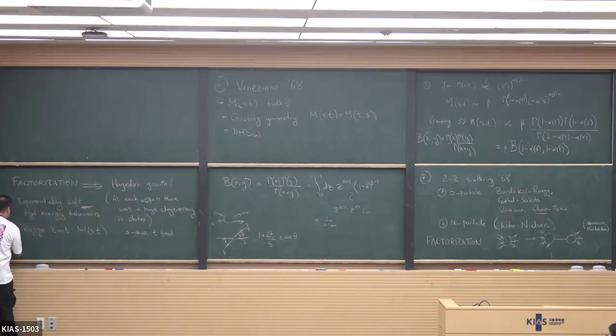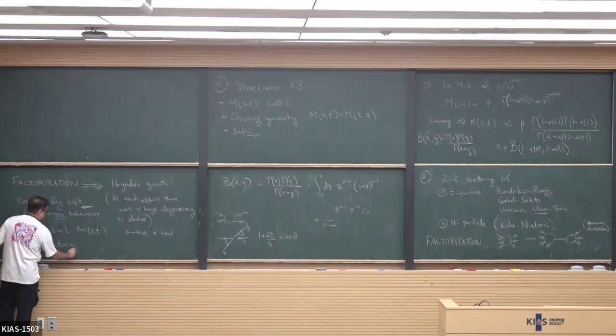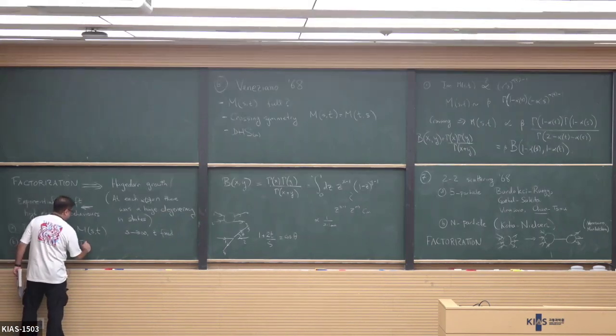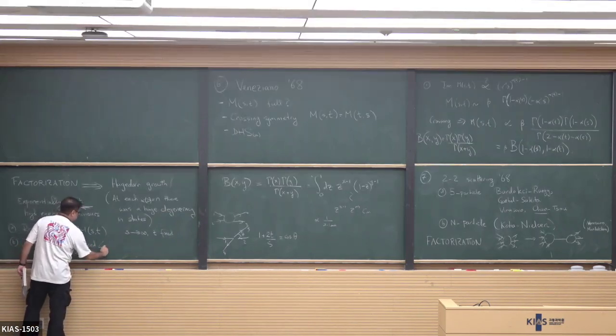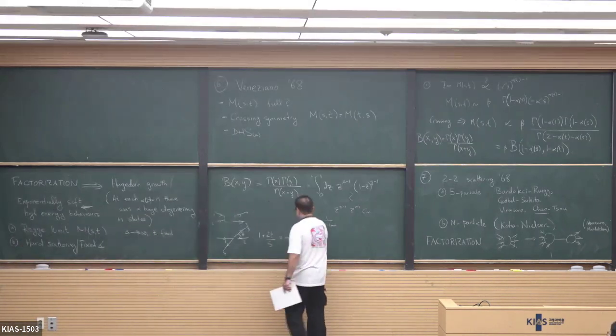And the second one is called the hard scattering limit, or fixed angle scattering. And that's also easy to understand. Fixed angle means that you want to keep theta fixed.